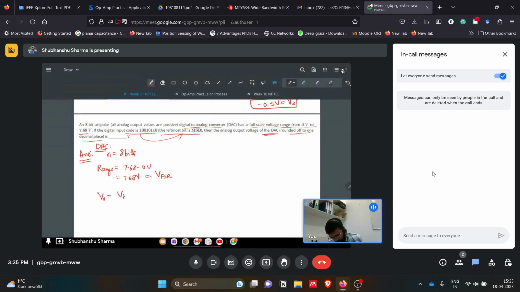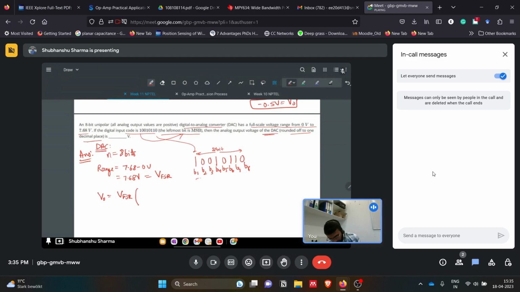So this is VFSR into the 8 bits we are having, so this will be based on this. The input is 1 0 0 1 0 1 1 0. So b1 is this, b2, b3, b4, b5, b6, b7 and b8. Since this is 8 bit, based on each and every coefficient, these are basically coefficients.